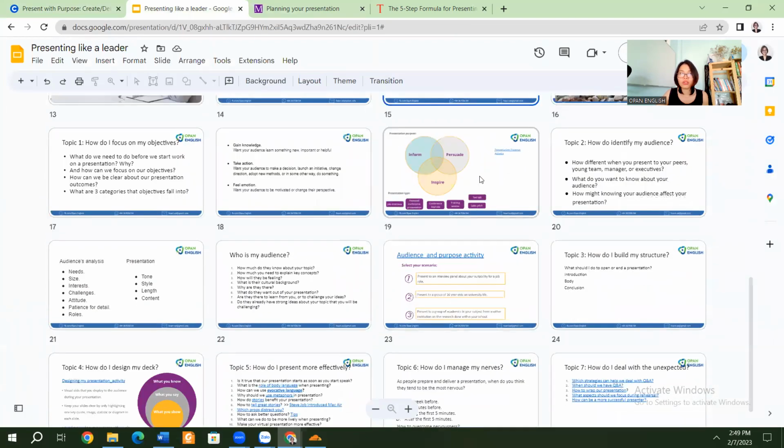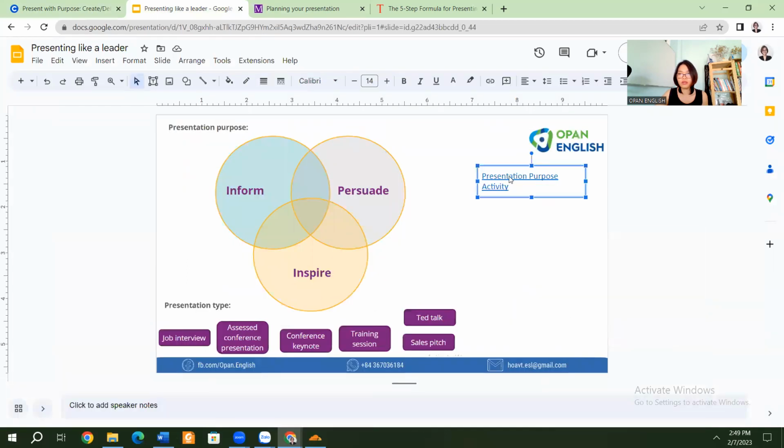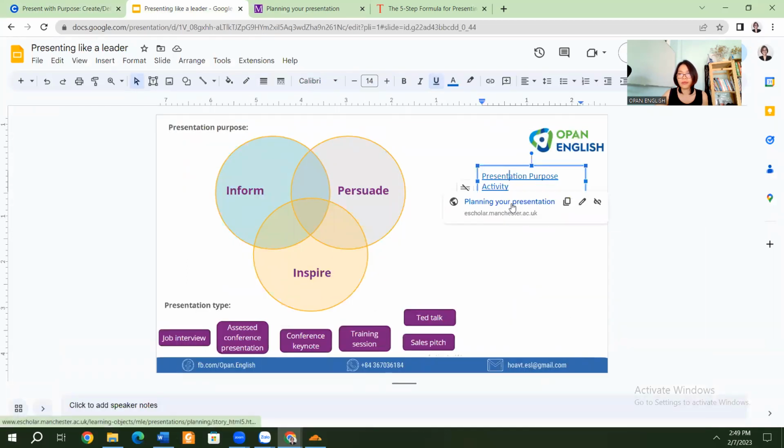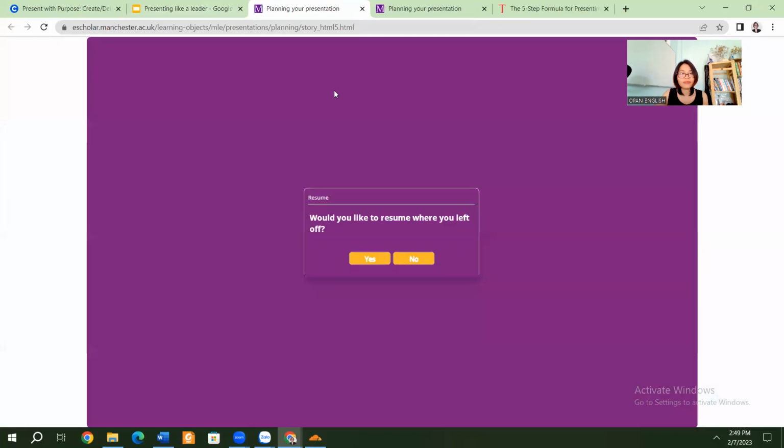I also use another resource, which is interactive material from the University of Manchester. This one.